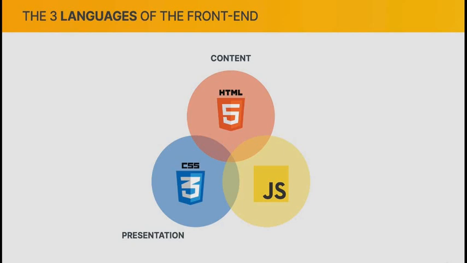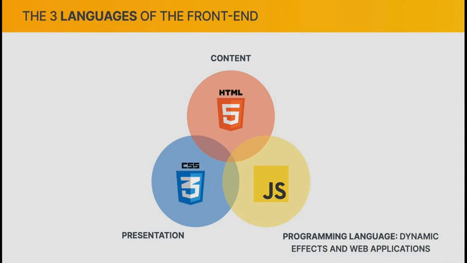Now finally, JavaScript is the actual programming language of the front end. So it allows us to add dynamic and interactive effects to web pages. We can also use it to manipulate the content or the CSS, to load data from web servers, and even to build entire front-end applications, which we then call web applications.